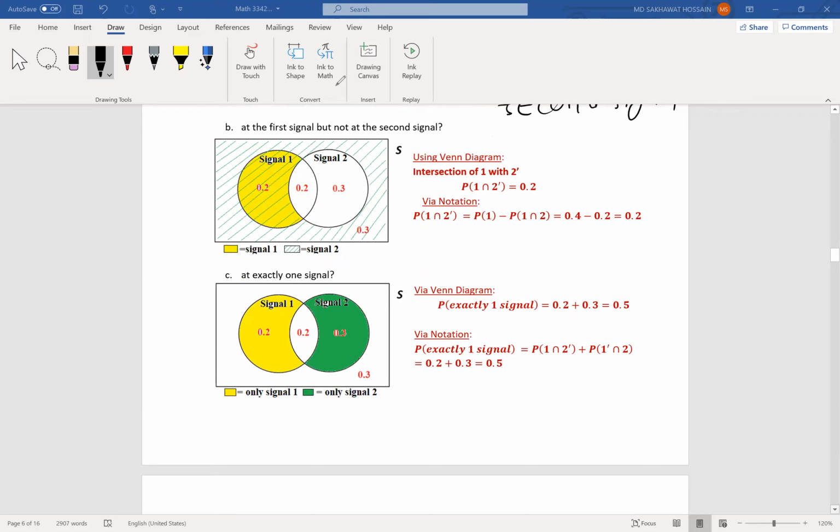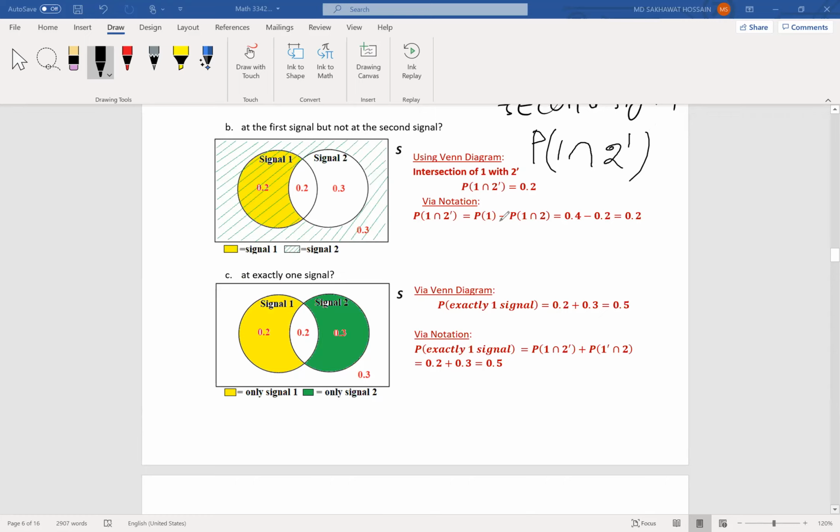Actually we are looking for the probability where the person will stop at the first signal, that's the probability of 1, and he will not stop at the second, so that means 2 complement. So the person will stop at the first signal, that means probability of 1, and intersection, the person will not stop at the second signal, so that means 2 complement.